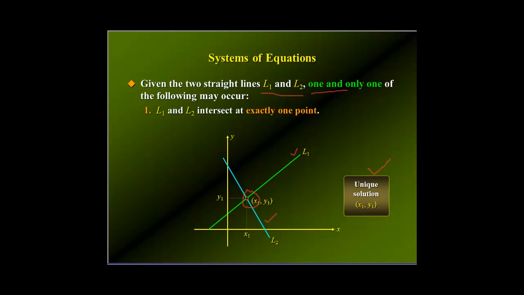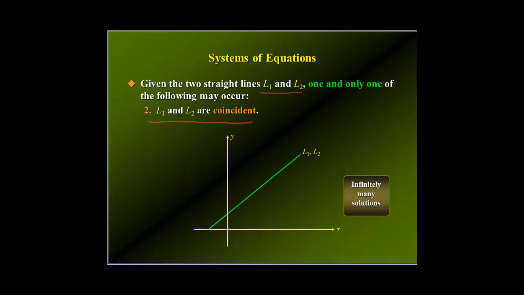Similarly, next we will see what happens if we have two straight lines L1 and L2; one and only one of the following may occur. What happens if L1 and L2 are coincident?